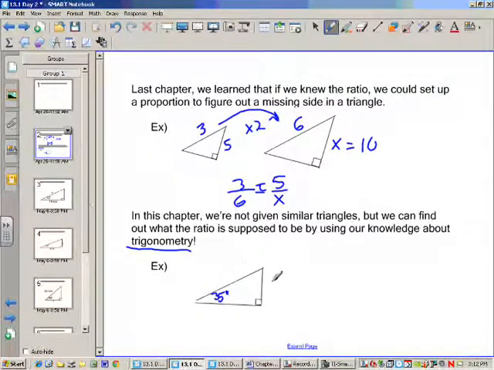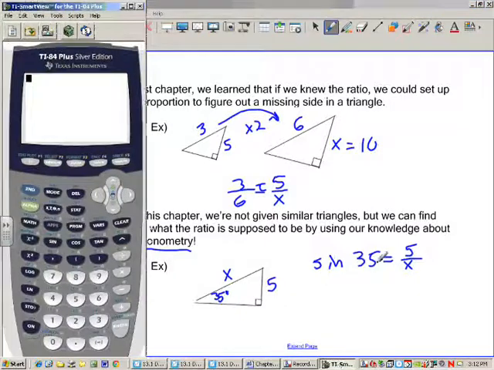And say if this side is 5, and I want to know my hypotenuse, which is x. I can say the sine of 35 degrees is equal to the opposite side, which is 5, over x, which is my hypotenuse. Now the sine of 35, that's some number.